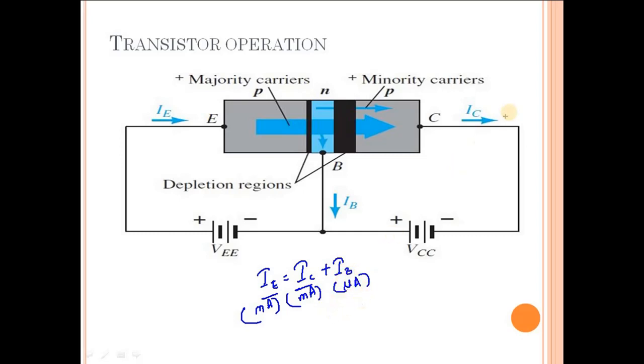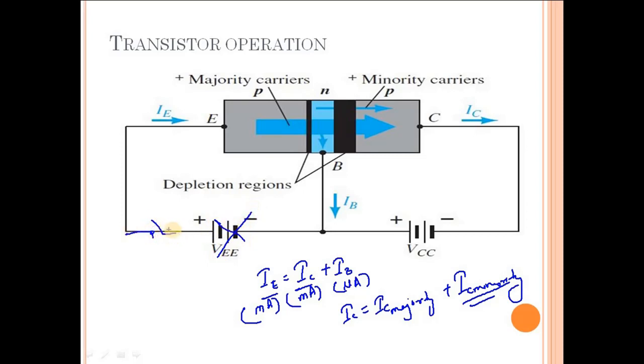Then again, the collector current IC can be broken down into two component currents, that is, IC is equal to IC majority plus IC minority. IC minority is the current due to the movement of charge carriers from N to P, even when this DC bias is not there, or you can say this is open circuit.